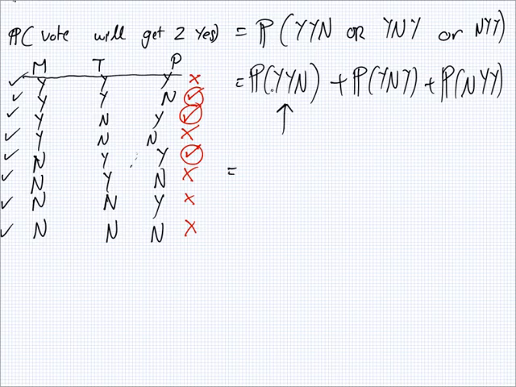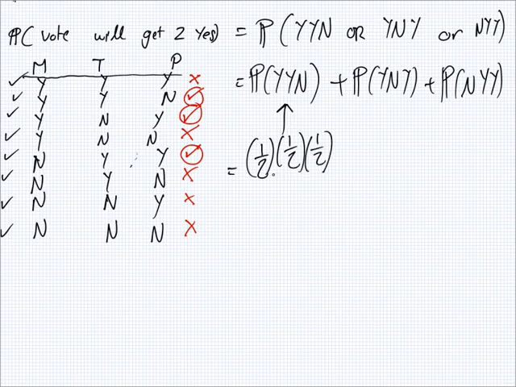What is the probability that Malik will vote yes if the way he votes yes is by flipping a coin? It's a half, isn't it? And then what's the probability that Tony will vote yes? It's a half as well. And then for Pony to vote no, it's a half as well.